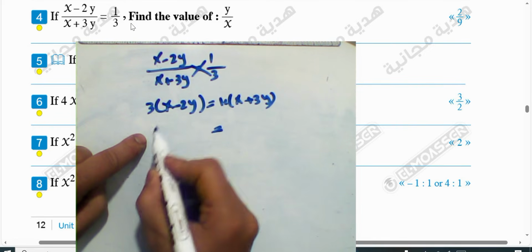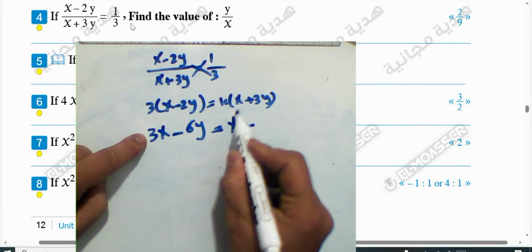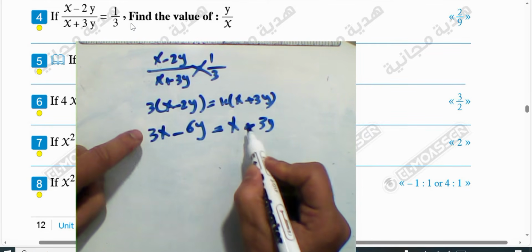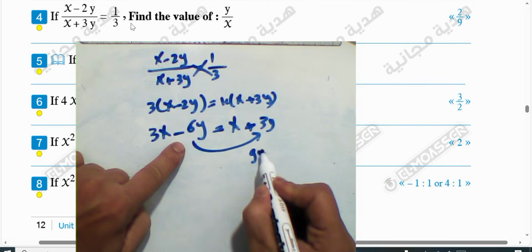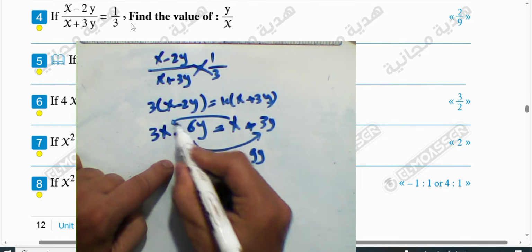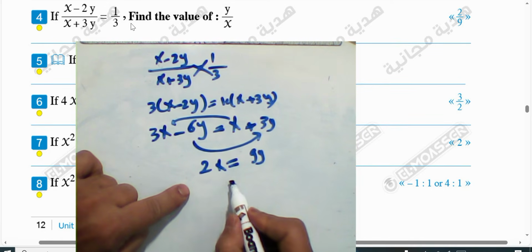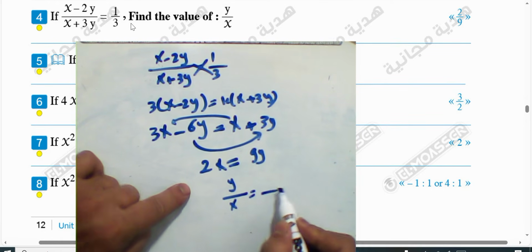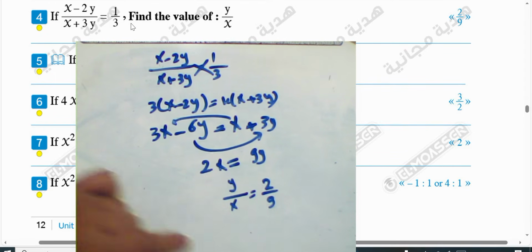Okay, 3 times x equals 3x, and 3 times 2 is 6. 1 times x equals x, 1 times 3y equals 3y. Negative 6y moves here, 3y plus 6y is 9y. And x moves here negative, 3x minus x will be 2x. Then we can write the ratio between y and x. Y here is multiplied by 9 and x multiplied by 2. And the ratio will be 2 over 9.